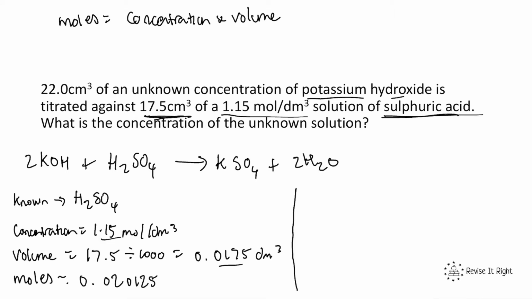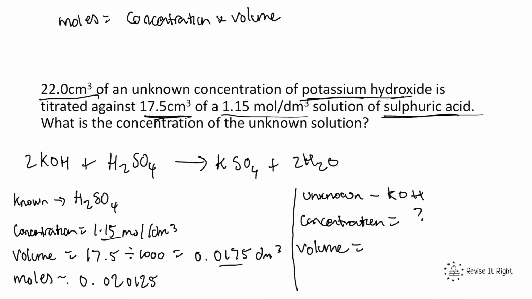Now we're going to go over to our unknown, and that's what we're trying to work out. So the unknown is potassium hydroxide, KOH. So the concentration of this unknown is what we are trying to work out. The volume is 22 centimeters cubed, but we need to convert it, so divide it by 1,000. We get the volume, of course, as 0.022.